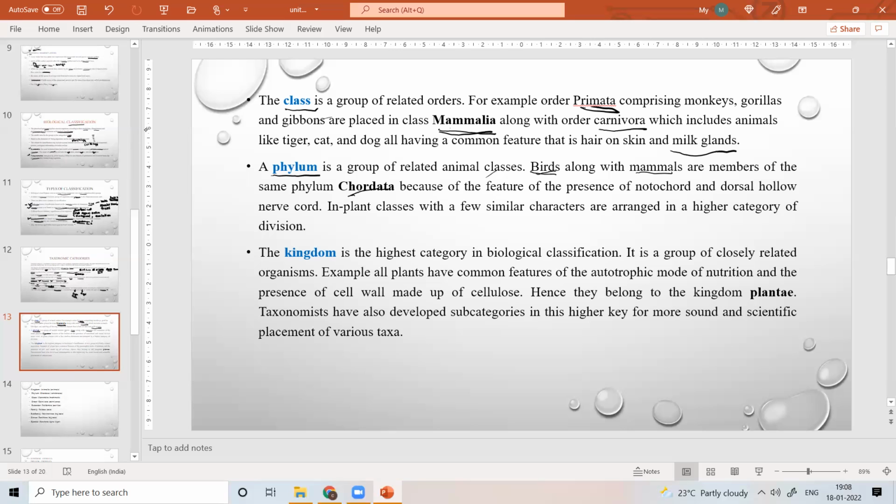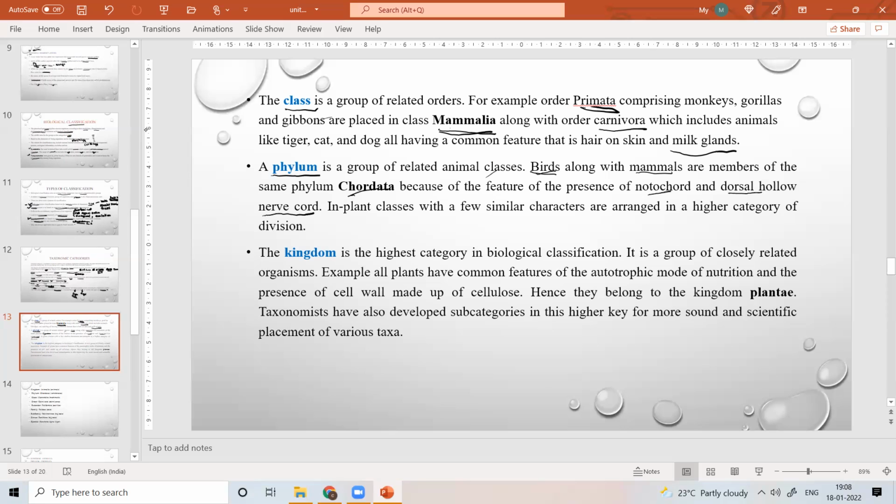So the phylum Chordata includes the organisms which possess a backbone. Because of the presence of a notochord and a dorsal hollow nerve cord, these are the common features commonly found among all animals present in the phylum Chordata. That may be a bird, that may be a mammal.